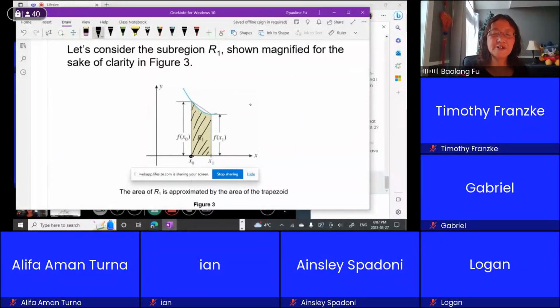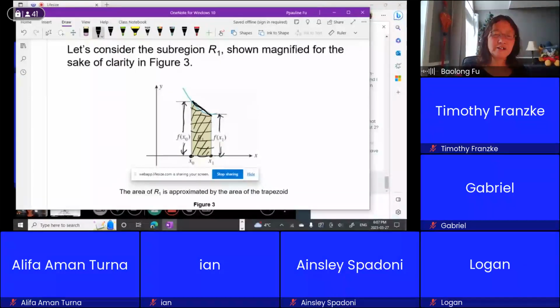One is x0, the other is x1. So fx0 is from here to here. fx1 is from here to here. And we want to find out what this area is. So this area, if we draw a straight line from here to here, it is like a trapezoid.